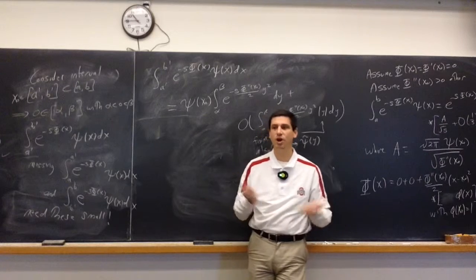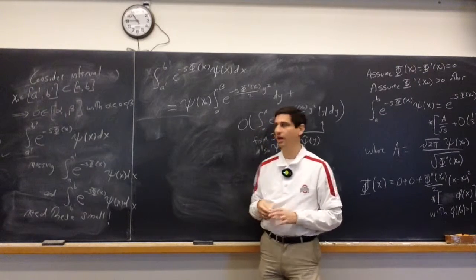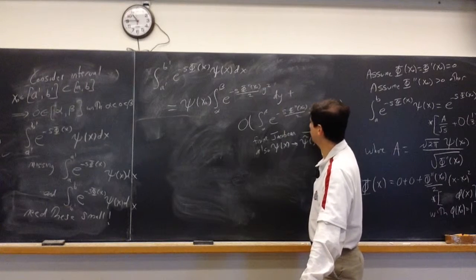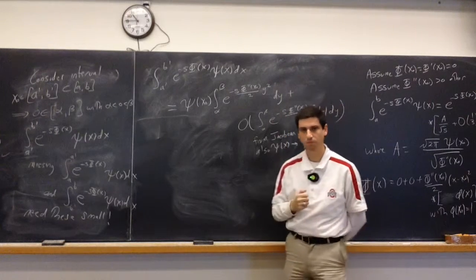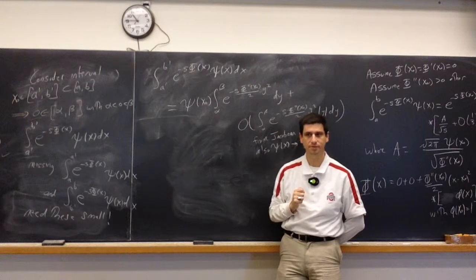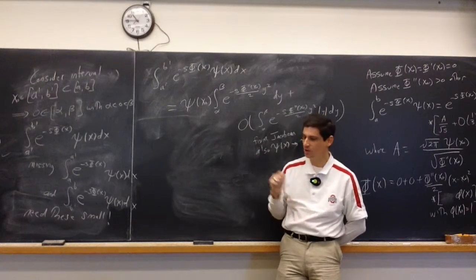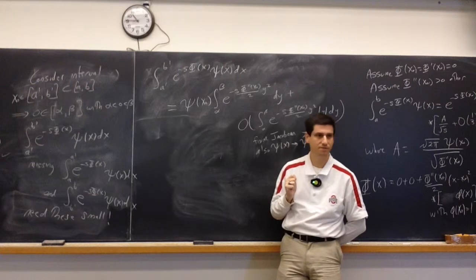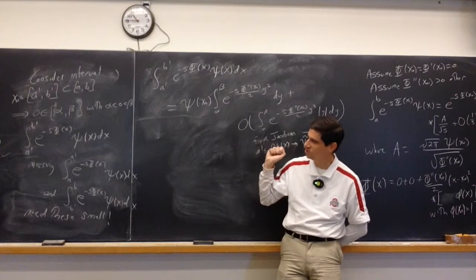And so y squared is dominated by y. In this region, y is very close to 0. So now we're left with these two integrals. Any questions as to how we got here? We're comfortable with steps 1, 2, 3, and 4.